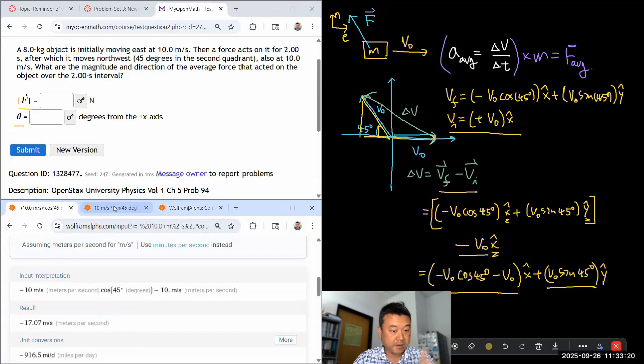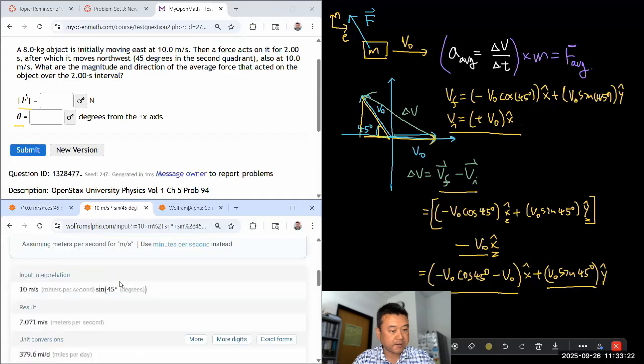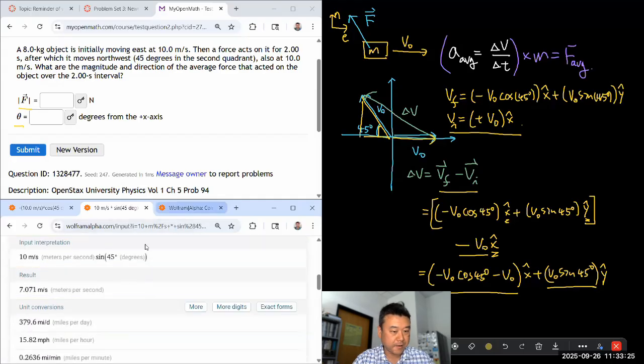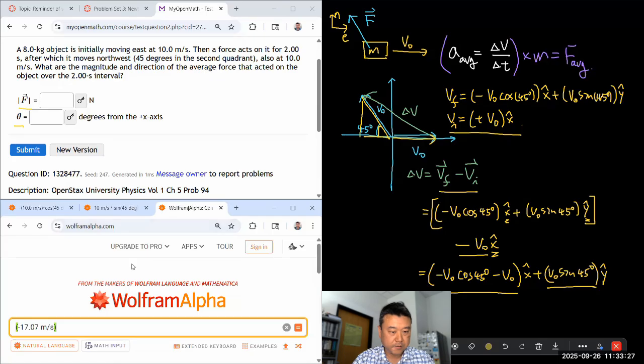But let me give it a try, and if I get a rounding error issue, then I'll do something. 7.071 meter per second.